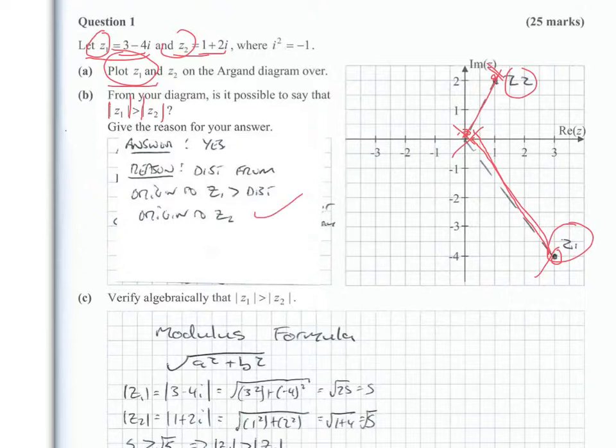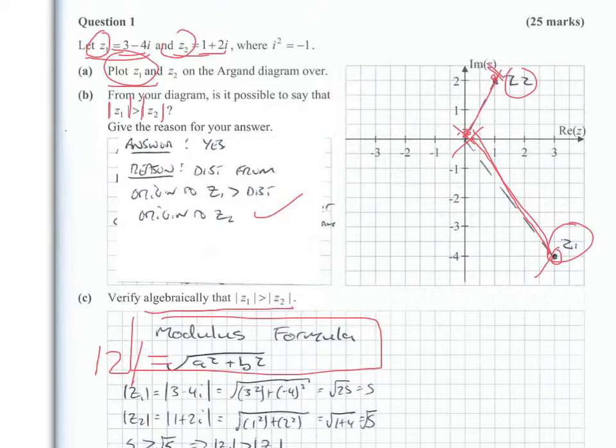Okay. Now they wanted us to verify algebraically that the modulus of Z1 was greater than the modulus of Z2, and just remember the modulus formula for any complex number is equal to the square root of a squared plus b squared, where a and b are, for example in this question, Z1 is equal to 3 minus 4i, a is 3 and b is minus 4.